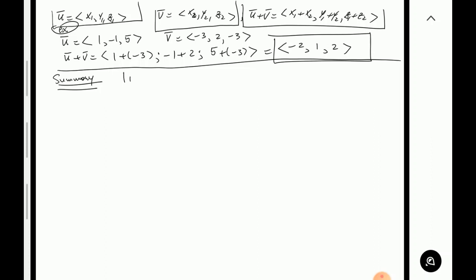Well, we talked about the magnitude, which comes from the distance formula. We talked about the opposite of a vector. So let's say minus u, that's going to be minus x1, minus y1, minus z1.